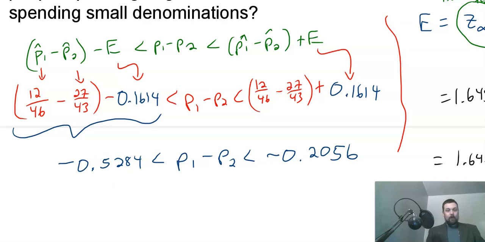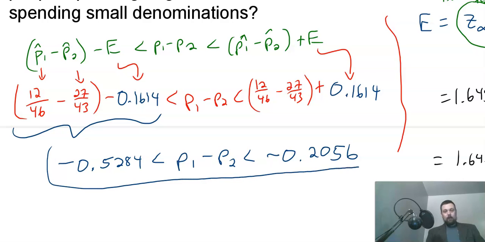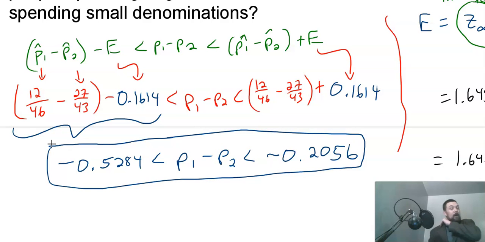5. Okay. So, this is our 90% confidence interval for the difference. This is our estimate for the difference between these two population proportions.